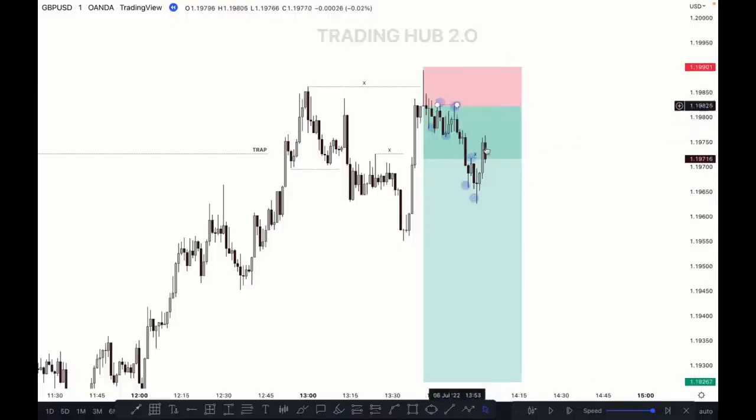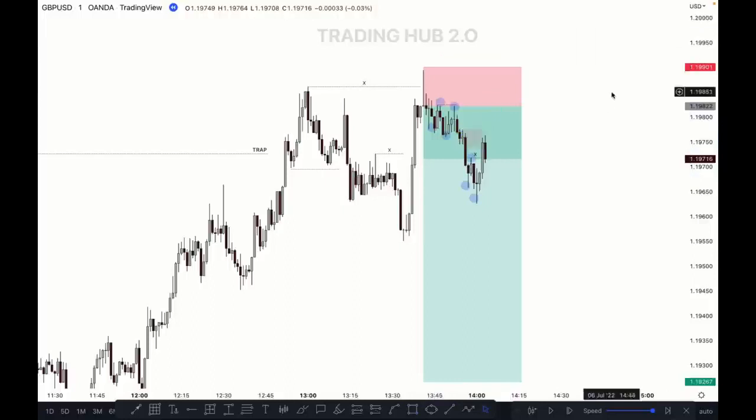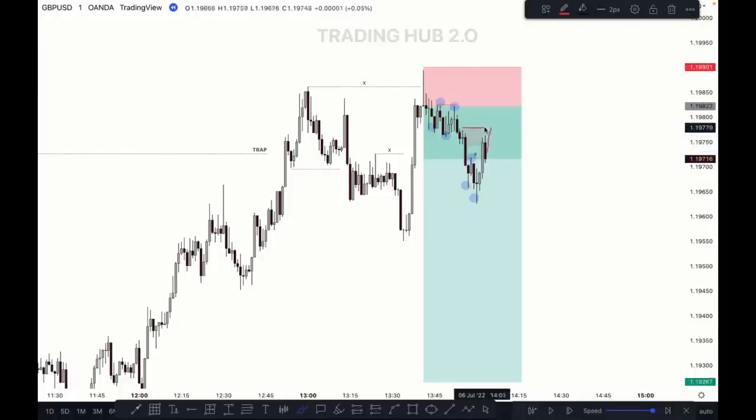Major high is here, so this order block may be a trap. Okay, because if market wanna grab more liquidity, then what happens here? We can see some more liquidity grab and then looking for sell. Okay, but when market mitigates this order block and gives any reaction for the sell, then we can sell here.